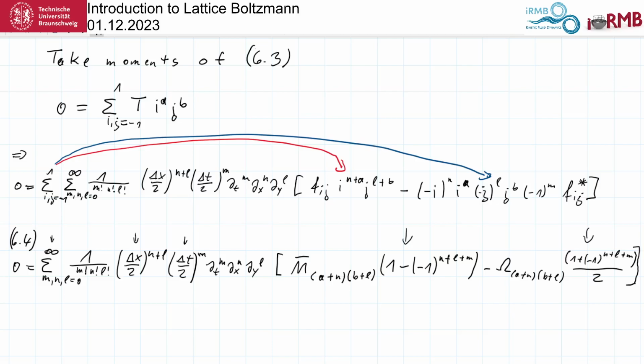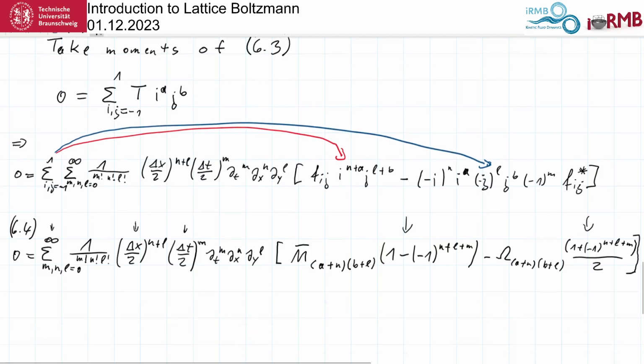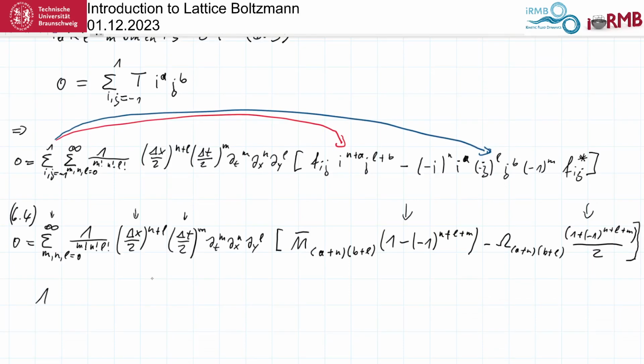And in order to get rid of the infinite sum, we now do something that's called the asymptotic expansion, which is the cornerstone of an asymptotic analysis. You can do analysis just by Taylor expansion alone.